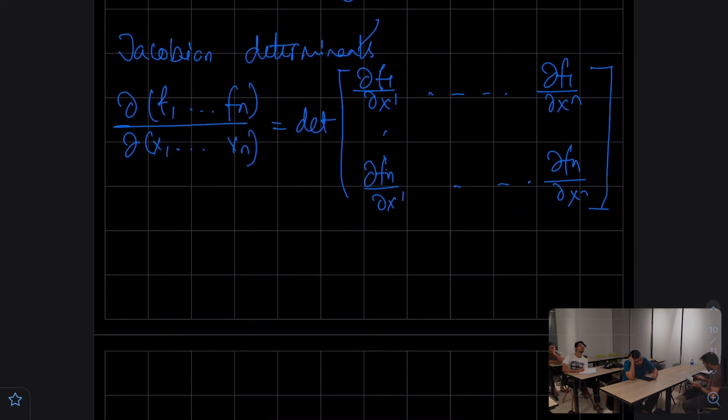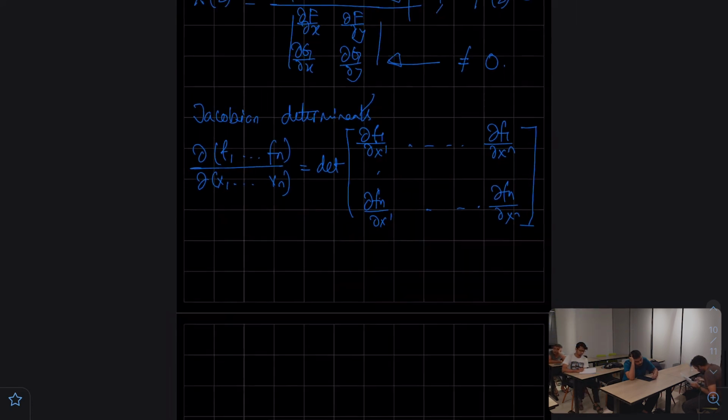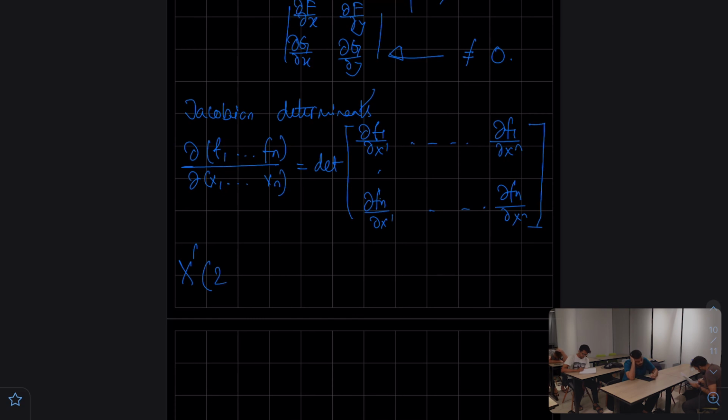Okay. So using this new notation, we can write it like this. I think I missed the minus here somehow. I probably missed the minus. d with respect to x comma y with respect to f comma g. Oh, I think I missed here as well. Wait a second, sorry.